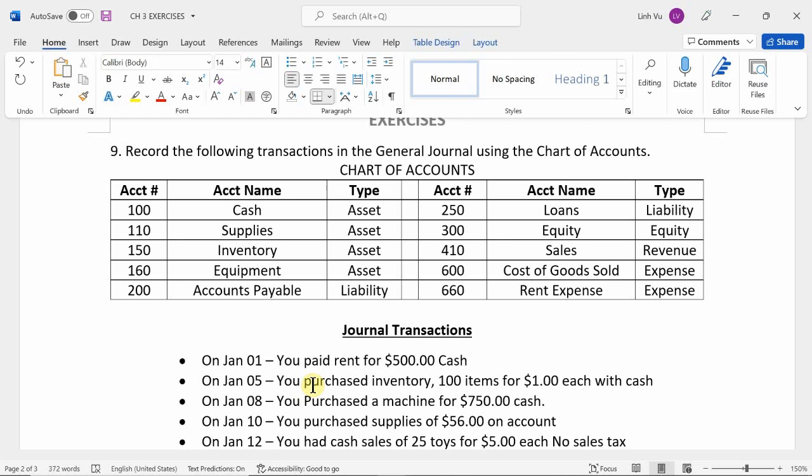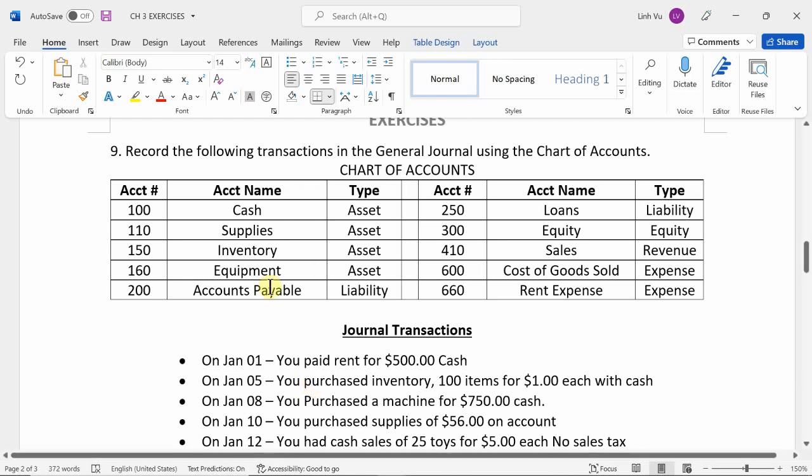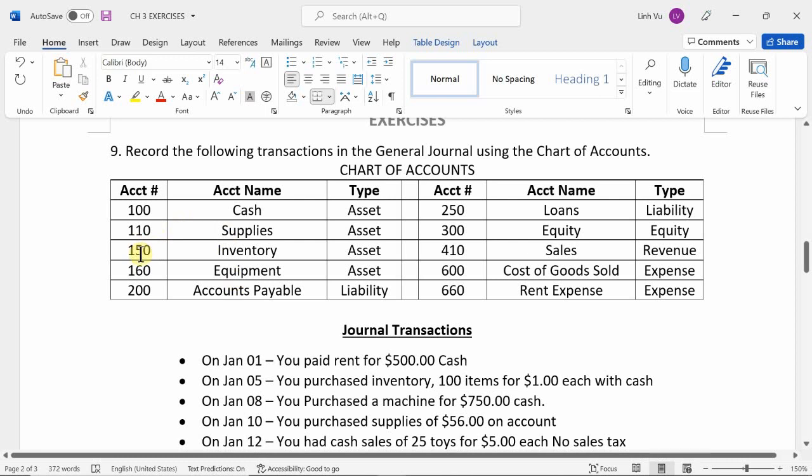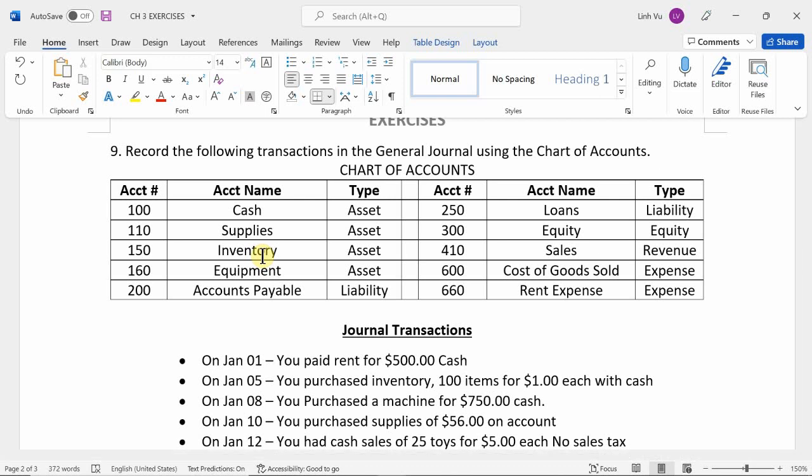What is inventory? It's an asset, right? Because when we purchase those inventory items, we own them. So we determined it's an inventory asset. Since I purchased inventory, did I increase or decrease the account? We increased it, so it goes in debit.